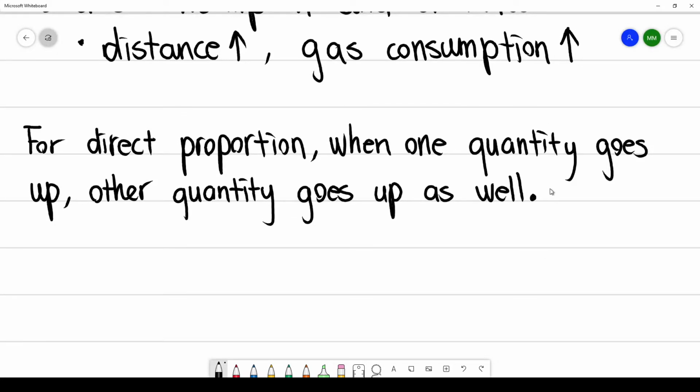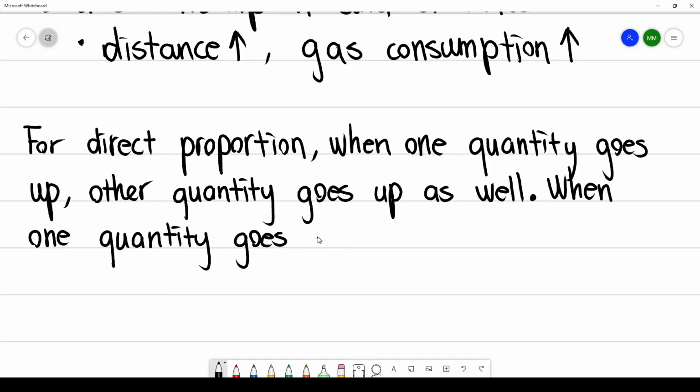When one quantity goes down, the other quantity goes down as well.